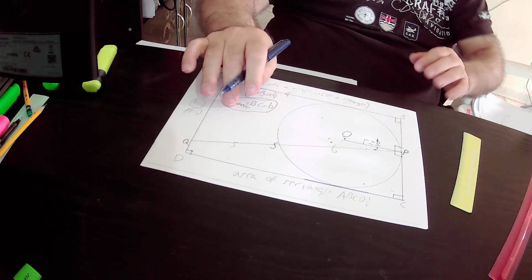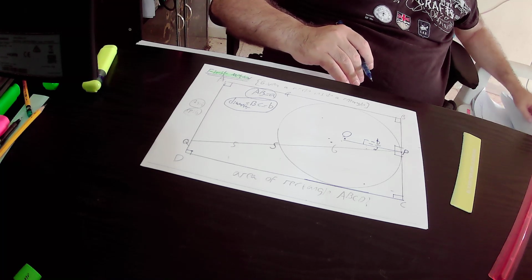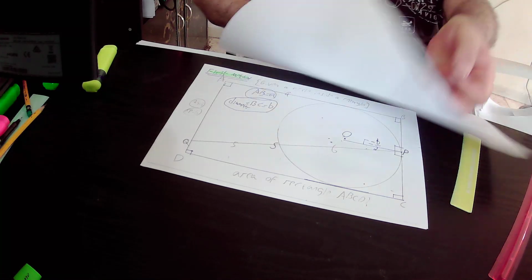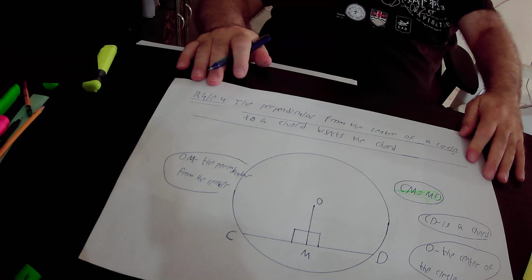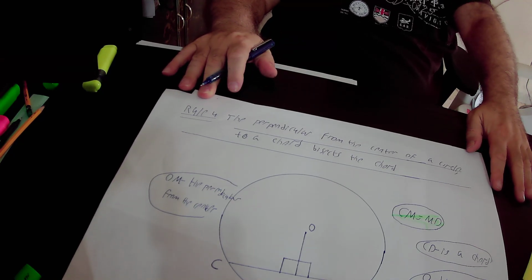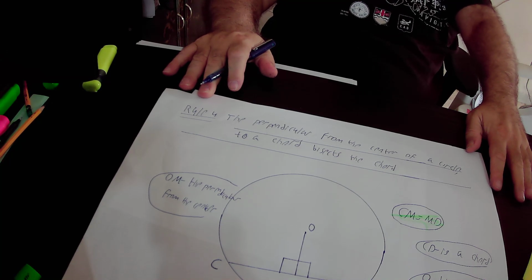In the next step, I present to you a new rule. This is rule number 4. According to rule number 4, the perpendicular from the center of a circle to a chord bisects the chord.